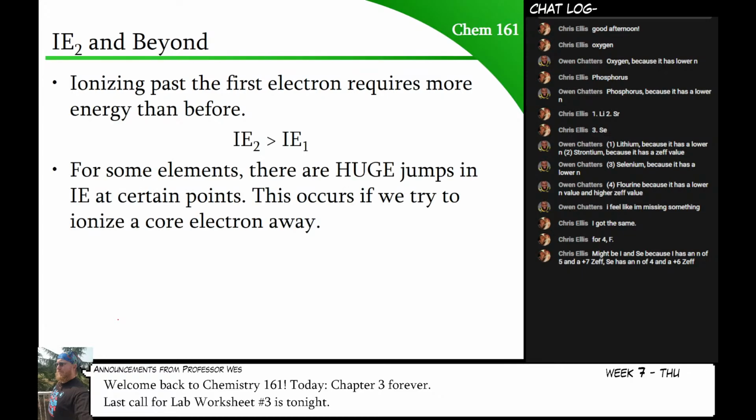All right. Now, when you take away the first electron, all remaining electrons are then pulled by the nucleus even tighter. Because the charge from the nucleus is distributed over a bunch of electrons.